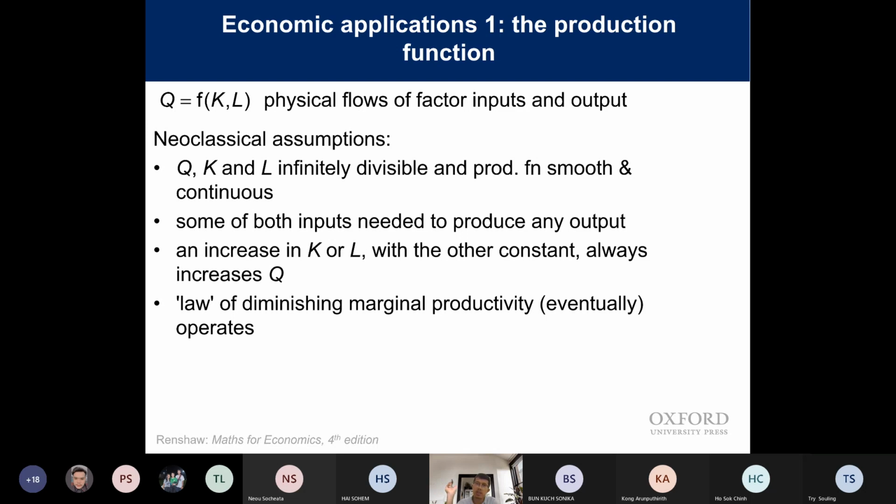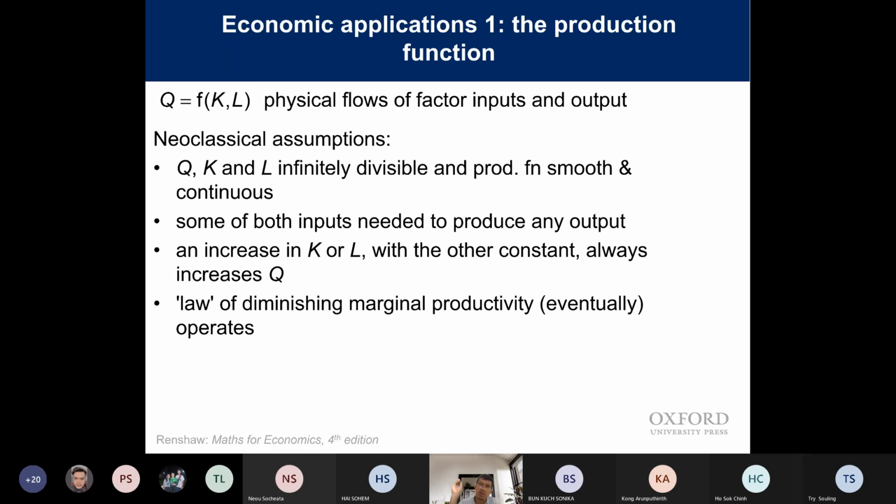In a particular day, the factory produces a certain quantity of output. What are the factors that affect or determine the production level, the quantity of the good or the output?